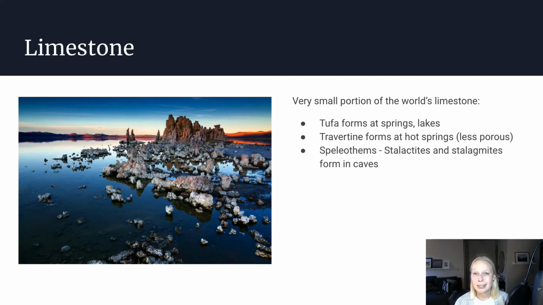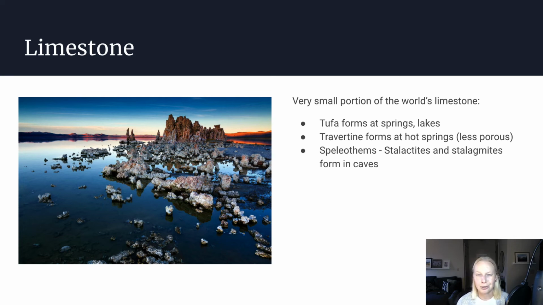A few other ways that limestone forms, but these are far less common, although they're really interesting, include tufa towers. So if you were to go a little hop, skip, and a jump over the Sierra Nevada from Sierra College, you would find yourself near Mono Lake, and maybe you've been there before.